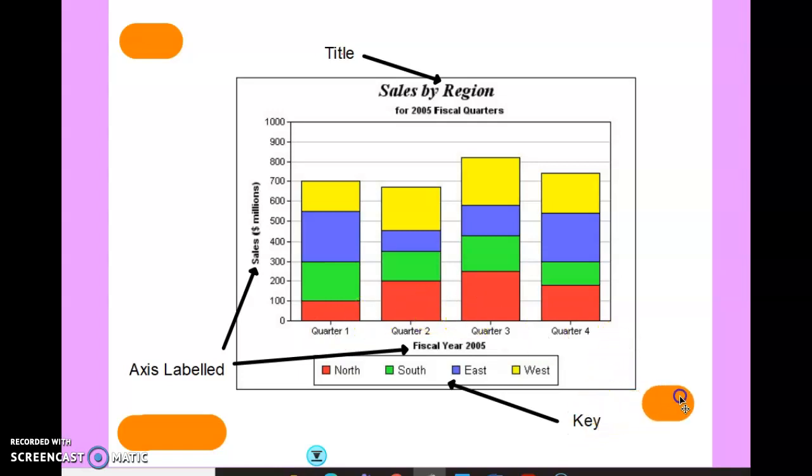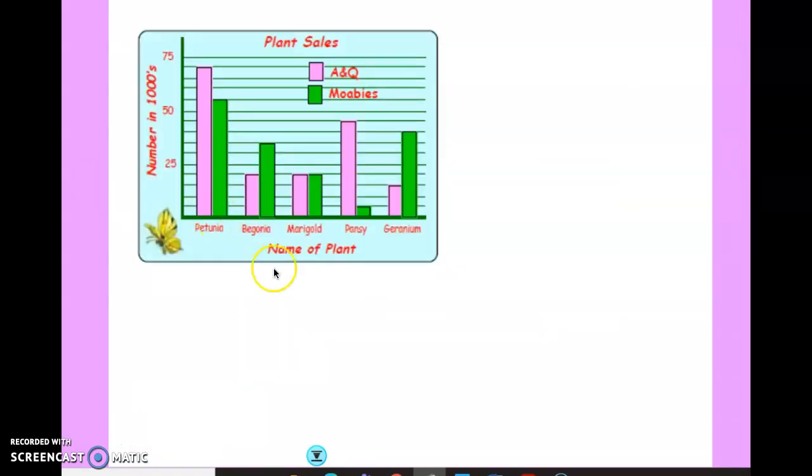And on a more complicated one like this, we also need a key. Okay, so the kind of questions won't change what you get asked about a bar graph, but the kind of bar graph can change. Okay. Here we've got a comparative bar graph because we have two different things side by side. You'll notice again we've got our axes labelled, we've got our title, we've got our key.